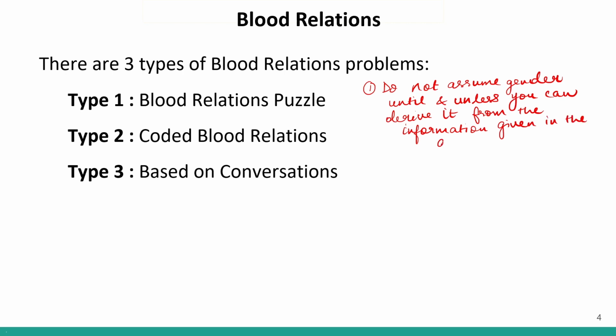So this is your first point. You should never ever assume the gender of a person unless it is specified in the question, or you can derive it from the information, because sometimes what happens is Lalita is given as a name.